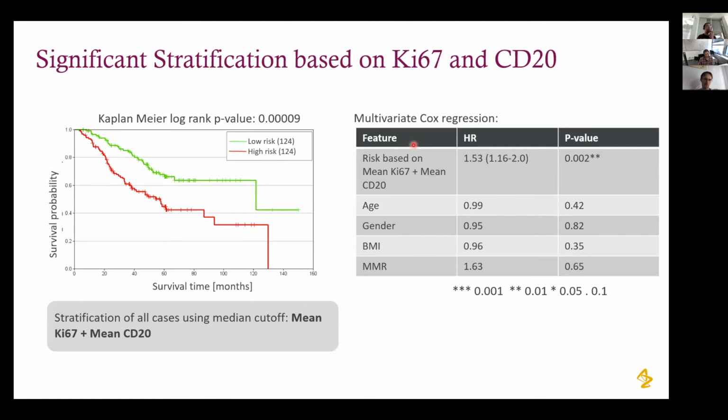Armin also did the Cox regression with other covariables like age, gender, MMR, and BMI. We saw that these survival features learned automatically from the network are the most significant, with highly significant p-values as well.